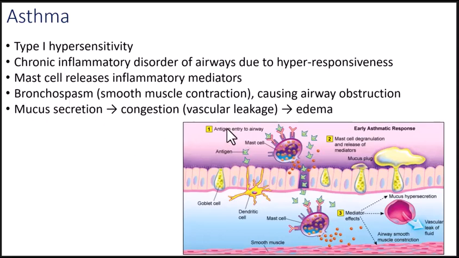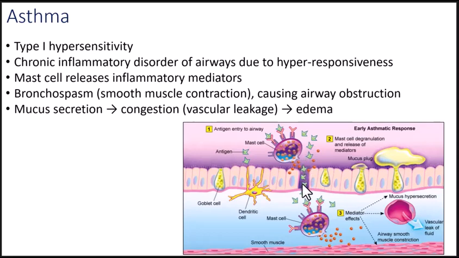So if we look at this image here, we have an antigen, so something that's going to trigger the asthma, that enters the airway. And it's going to come into contact with our immune system. So you can see some of them have come into contact with these dendritic cells, others have come into contact with the mast cells, and the mast cells respond by releasing inflammatory mediators. And they do this by degranulation, releasing what they have within their cytoplasm.